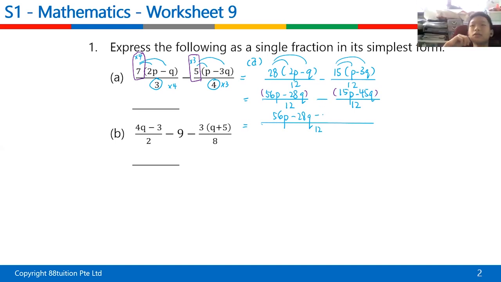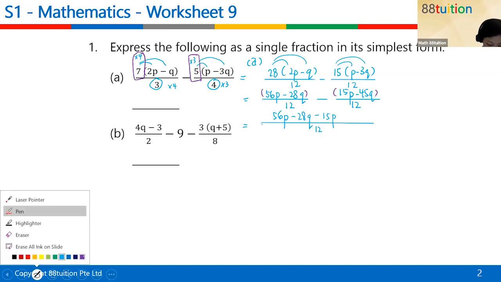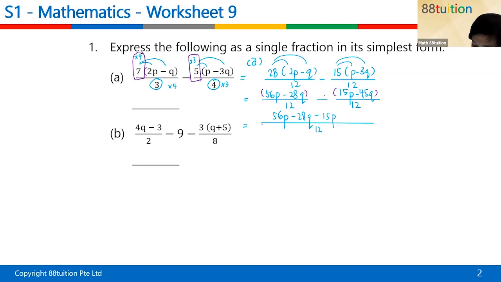So in order to minus, how many here? 15p minus 45q. Yes, but do you realize that there's a negative here? I'm going to put this in another color for you to see very clearly. Do you see a negative here? And you see a negative here? So technically, what you are doing here is minus 15p minus 45q, right?